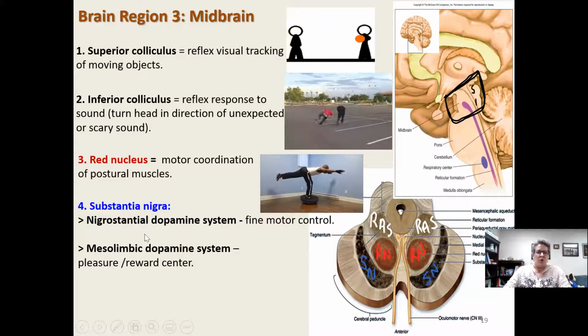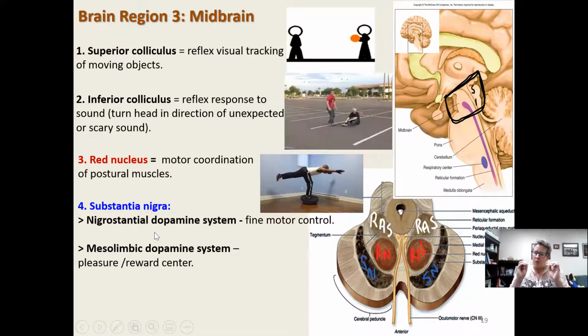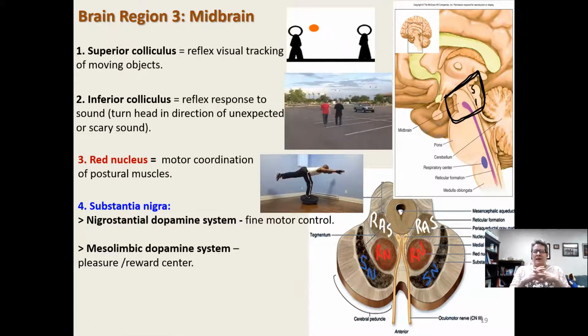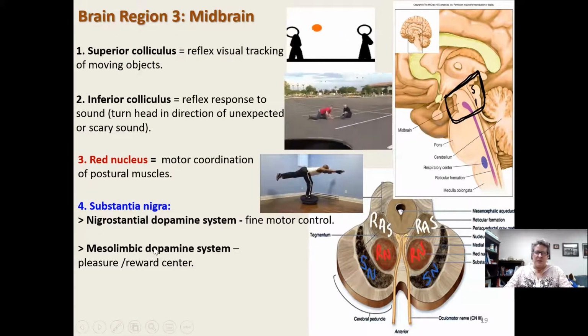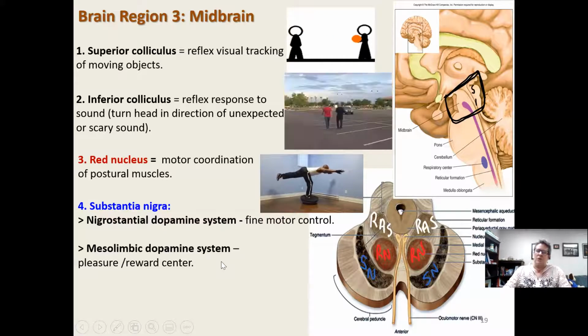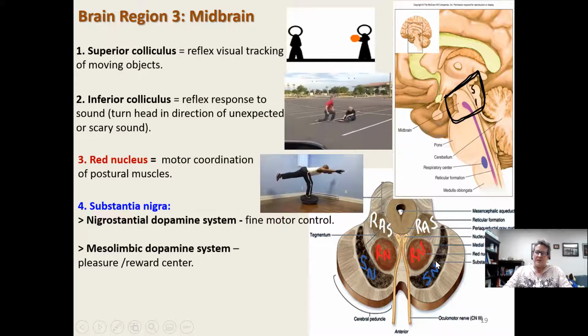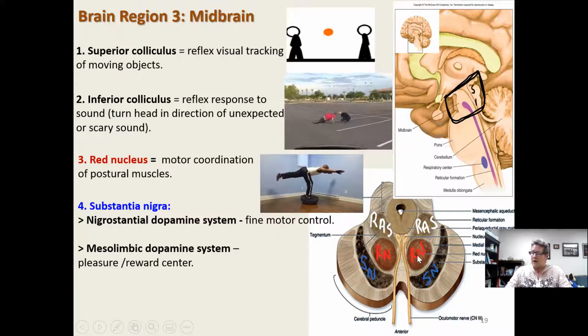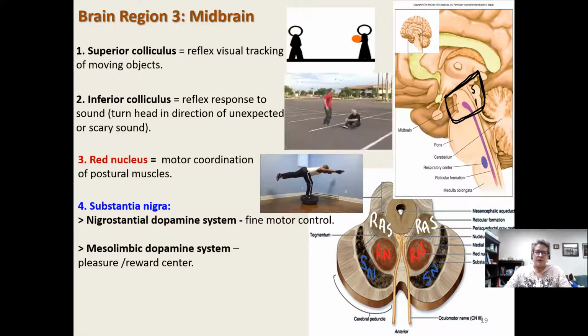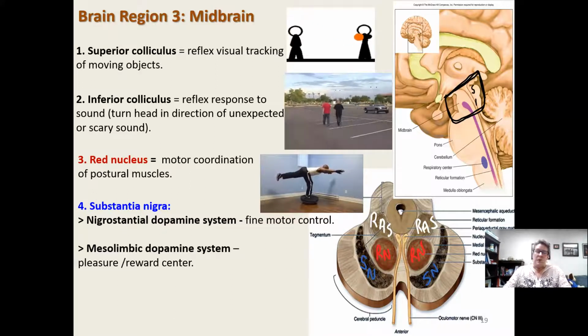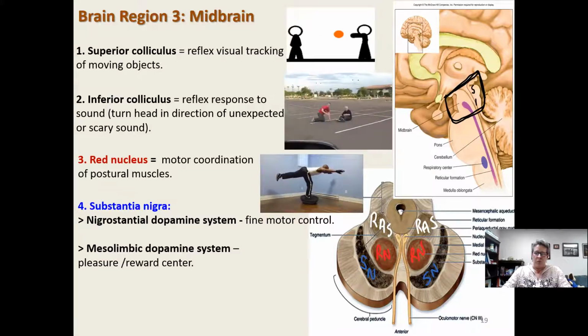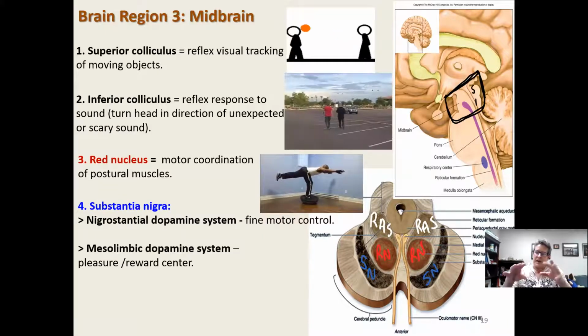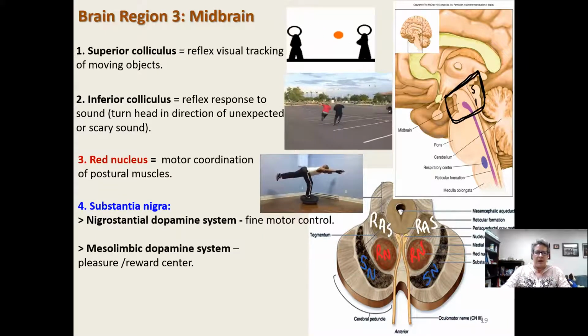Dopamine plays a role in fine motor control. Thus, when people are lacking these neurons in the substantia nigra, they're losing dopamine, and that loss of pigment in this particular area of the midbrain is a diagnostic feature for diagnosing someone with Parkinson's, because Parkinson's is associated with low dopamine, and then they lose that fine motor control without it.